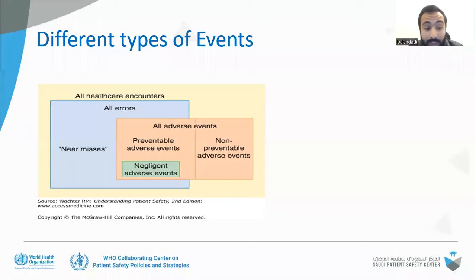Before we leave that, I should add that some safety experts argue about the distinction between preventable and non-preventable adverse events by reminding us that there are certain types of harm we previously thought were totally unpreventable, but are now well known to be preventable with a better system.